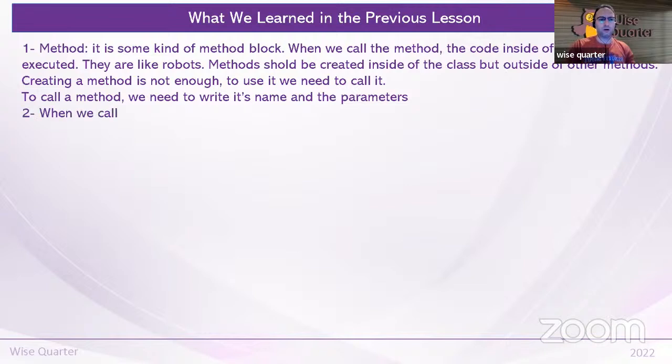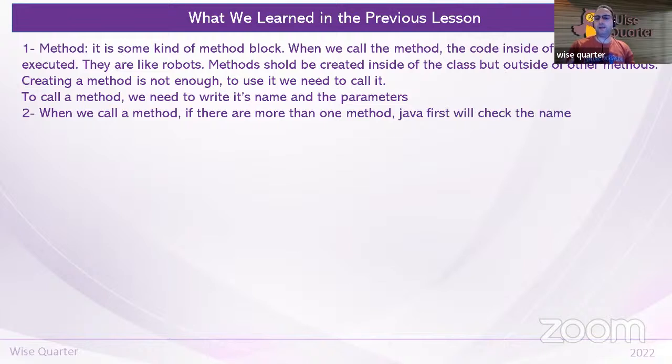And when we call a method, if there are more than one method in the class or anywhere, Java first will check the name. I mean, it will try to find same named method. That's the first step. The second, it will check the parameters.